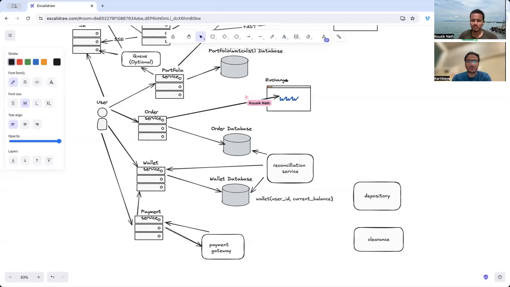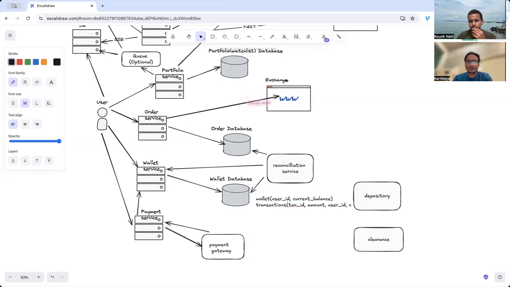The other table is where we should also store all the transactions that have happened. The transaction should have transaction ID, which should be the primary key, and then maybe amount, and other things like user ID. Maybe whether it was a credit or debit.